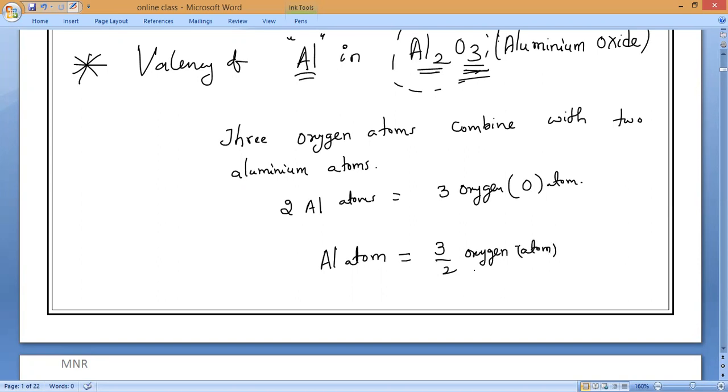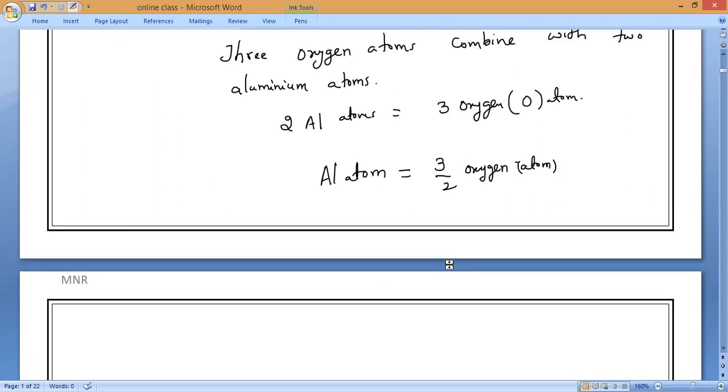Now you can see, as we all know, the valency is twice the number of oxygen atoms combining with one atom of an element. If you take the valency of aluminum, observe very carefully. What is the aluminum valency? 3, sir.